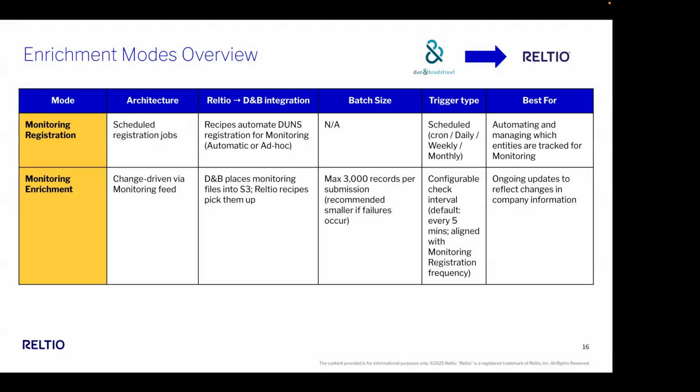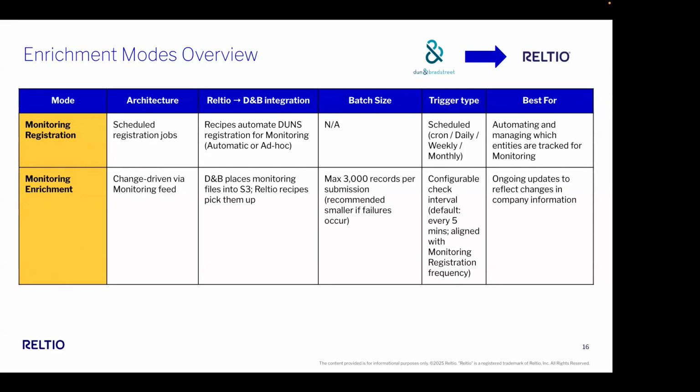Now, that only answers for monitoring registration. There is also enrichment that has to happen based on those registered DUNS and the frequency that you have set up with DNB, whether it is daily, weekly, or monthly. You will get these monitoring notifications.